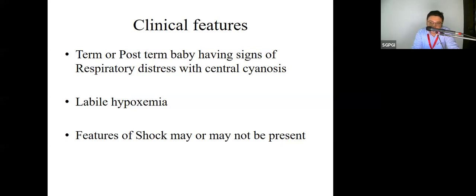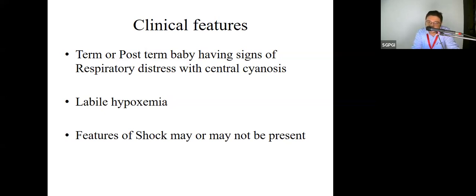The classical signs are that they will be having some amount of respiratory distress, which includes tachypnea and chest wall retractions, which is due to the acidotic component, which has been explained clearly in the pathophysiology of PPHN, along with central cyanosis. The classical feature will be labile hypoxemia, because we know that the pulmonary vasculature is sensitive to any change in the oxygenation.